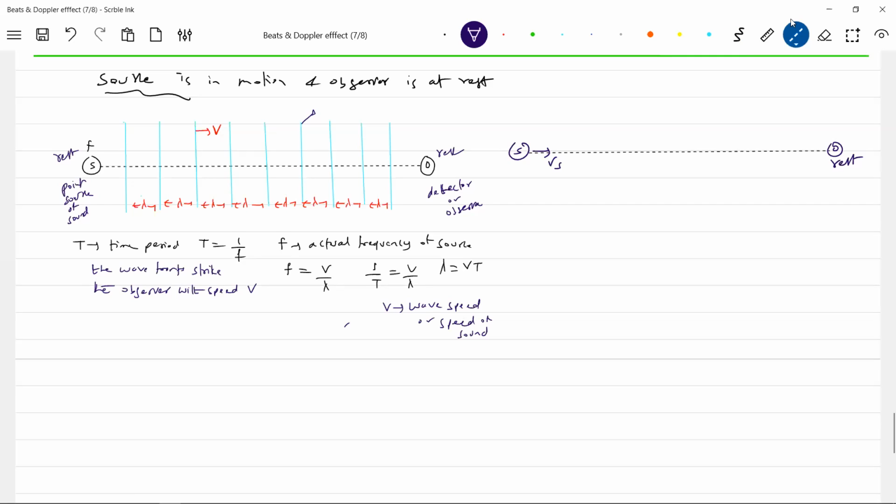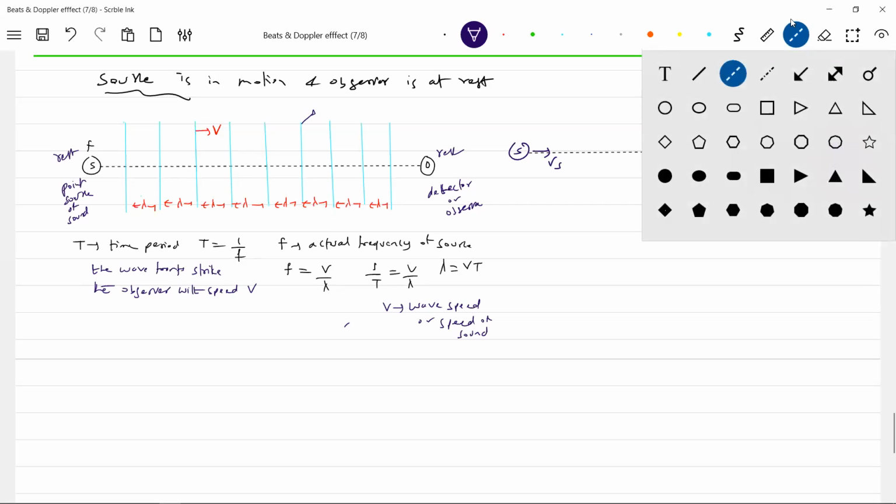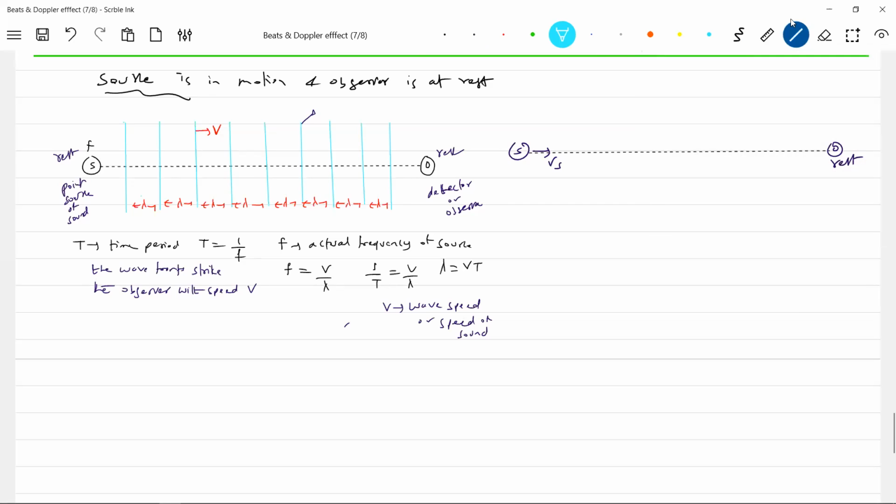Anybody wants to answer? The source is moving, and your physics teacher will be moving towards you, and I'll be throwing gestures. So anything will happen to the distance between gestures. It is going to change. There's a rough diagram I'm giving.